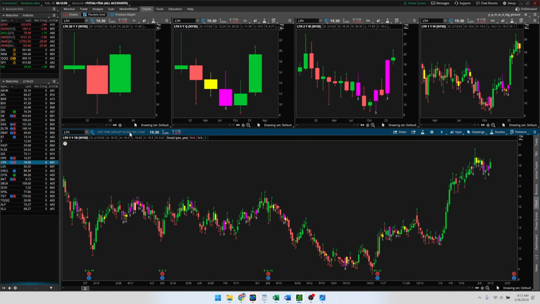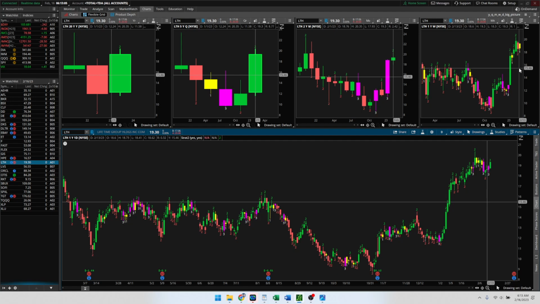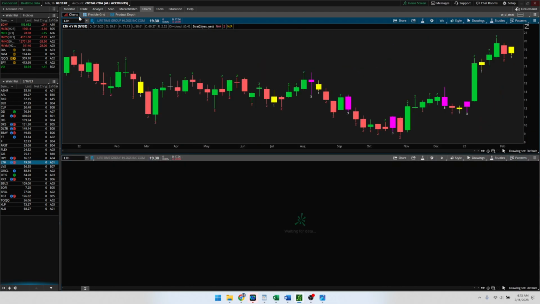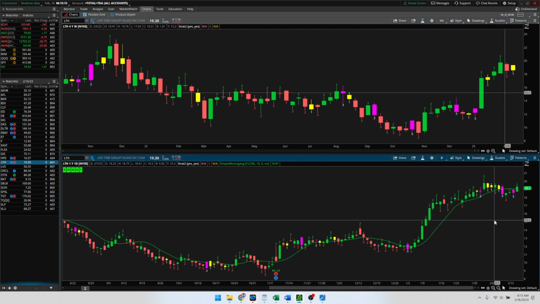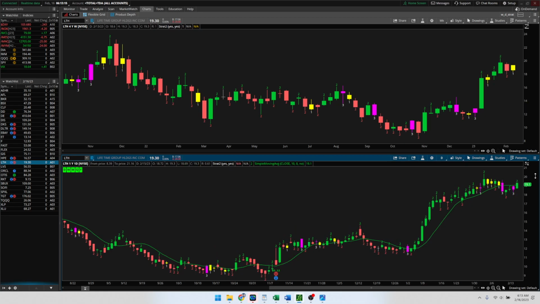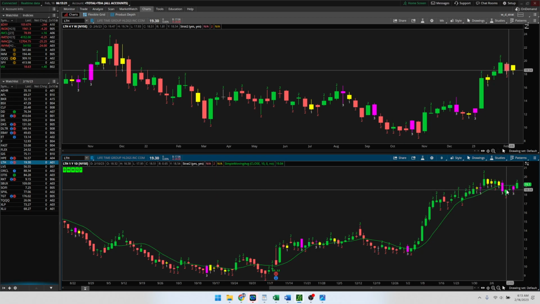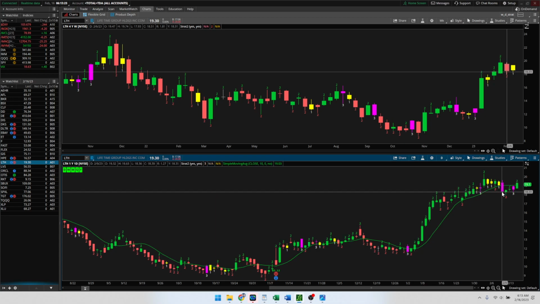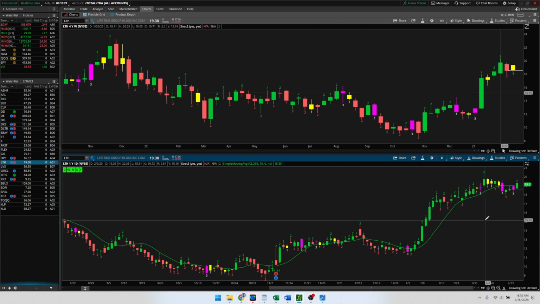So once I know that my setup right here looks good on these time frames, I will drill down into this area right here where I have a weekly and I have a daily, and I will get to the point where I can see that this was a great trade, a 3, a 2, and then we reversed right here. So going into this right there, that would have been my trigger, okay?